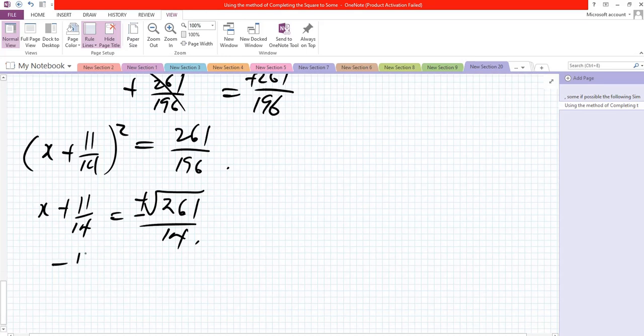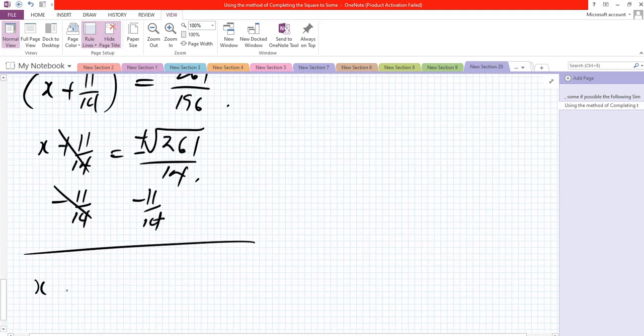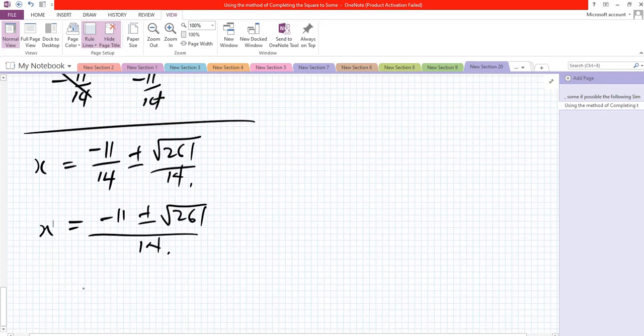If you add minus 11 over 14 to both sides, this will cancel out. You are left with x equal to minus 11 all over 14 plus or minus square root of 261 all over 14. So we have minus 11 plus or minus square root of 261 over 14. This is our final answer for x.